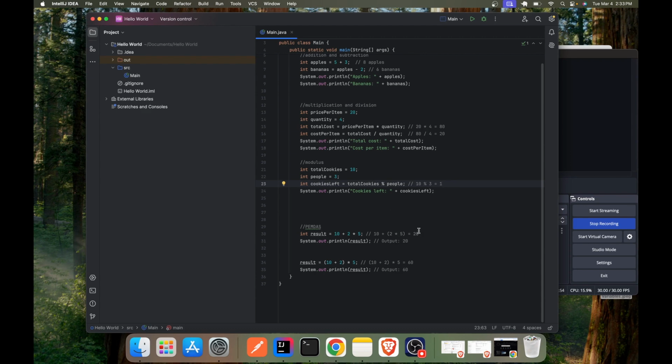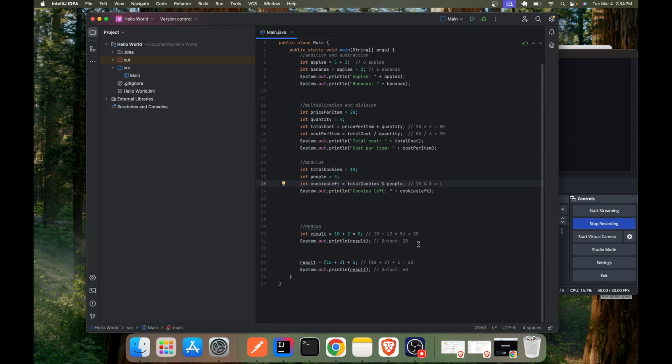So after, another important thing here is arithmetic operators work off of the standard PEMDAS. So parentheses first, exponents, which there's no exponent per se in Java.